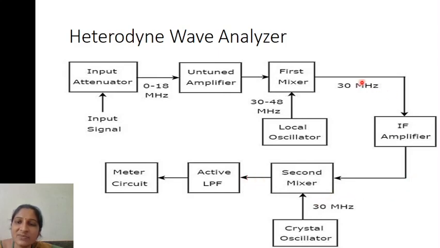So as you obtain a 30 megahertz signal here, this crystal oscillator is also fixed to 30 megahertz. The difference of these two is zero frequency, and the 0 hertz is given to the active LPF, that means low pass filter, so that only the fundamental components are being measured here, and that is shown on the meter circuit.